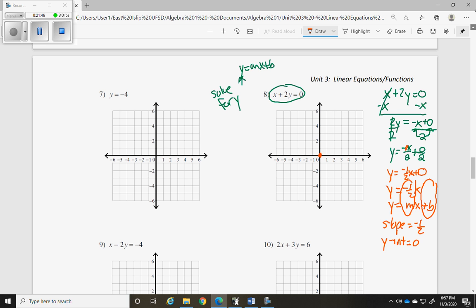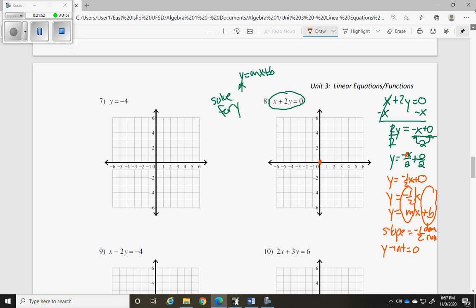Negative has to go down and right. So down 1, right 2. And you can go in the complete opposite direction.